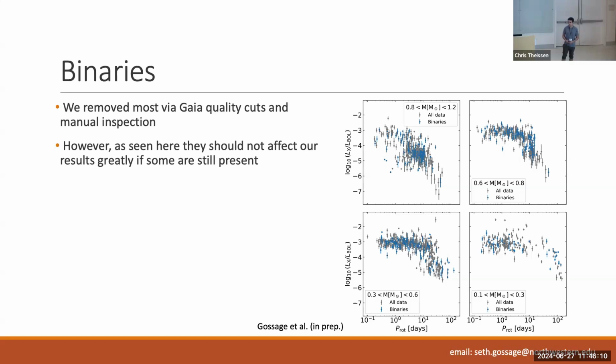It was said that that will mainly remove close separation binaries, and I think that's right. So we probably still have some contamination, but we're showing here that the binaries we have don't really mess with the morphology that we're fitting too much. So we don't expect it will affect the results.